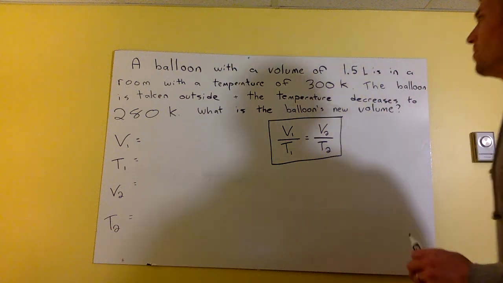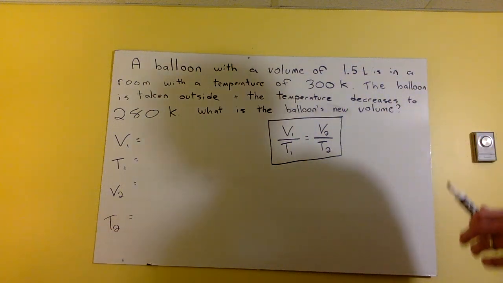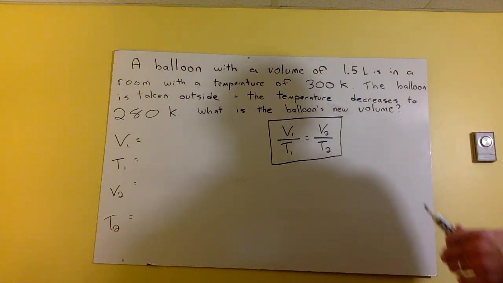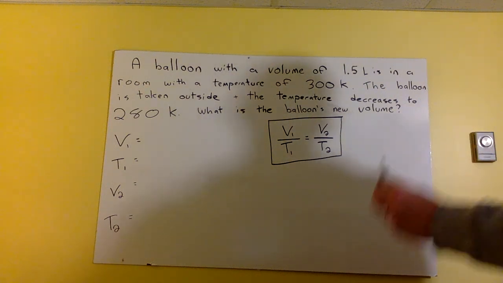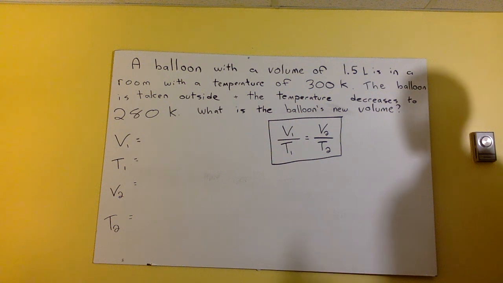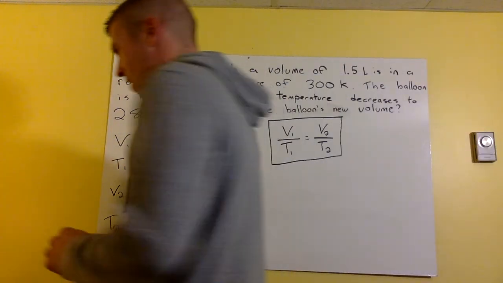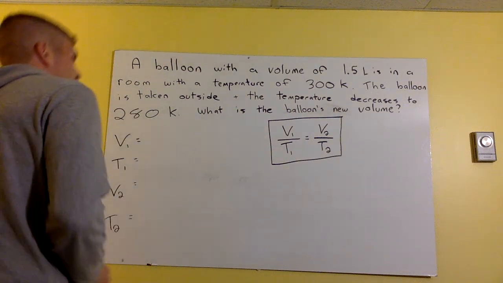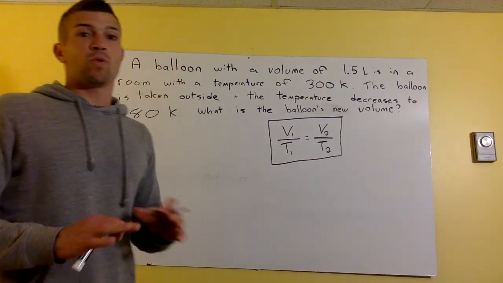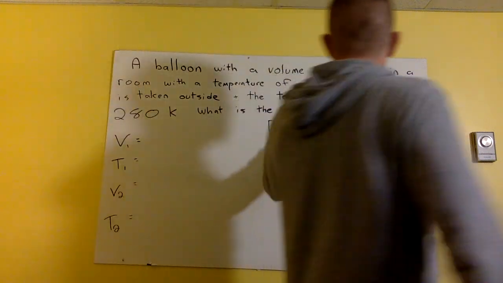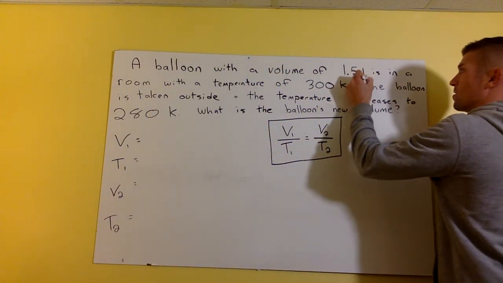So our problem says a balloon with a volume of 1.5 liters is in a room with a temperature of 300 Kelvin. The balloon is taken outside and the temperature decreases to 280 Kelvin. What is the balloon's new volume? Now you're saying, that's a lot of words right there, Snellman. And I'm saying, yeah, it is. But that's okay because we don't really care about any of those words except the part where we have our numbers.